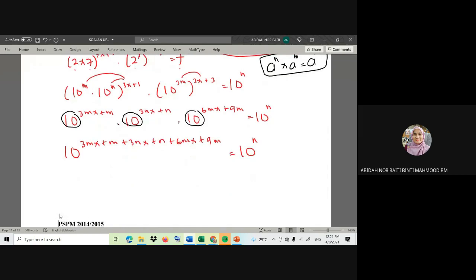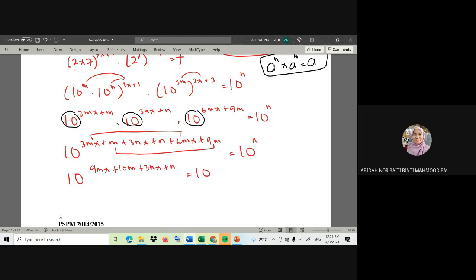Okay, so mana yang boleh tambah-tambah lah. Macam ni dengan ni kan. Tu. So 6 plus 3 is 9mx. Mana lagi yang boleh tambah? Ni dengan ni kan. Nampak kan? So here we get plus 10m. Yang lain tak ada, kita salin saja.